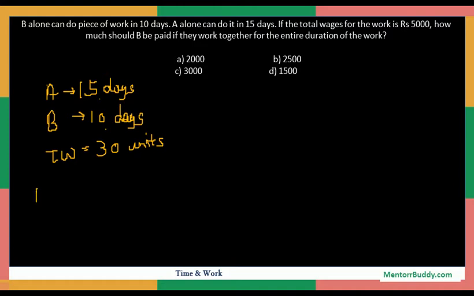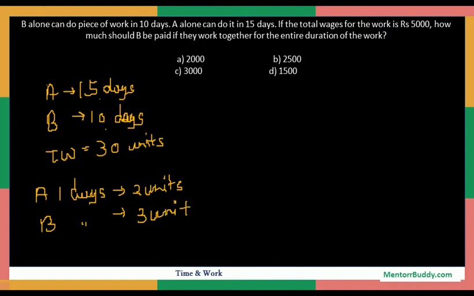So A in 1 day will finish how many units of work? 15 days, 30 units of work. So A in 1 day must be finishing 2 units of work. Similarly, B in 1 day must be finishing 3 units of work. So the money which will be divided between A and B will be in the ratio of 2:3.